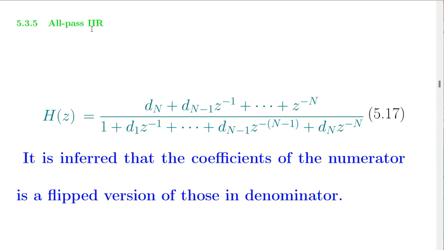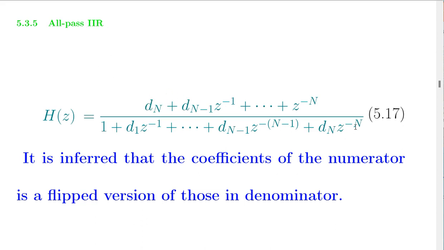What about all pass IIR filter? A very important topic. Just look at the denominator: 1, d1, d2 up to dn. If you flip their locations and put it here, it will be all pass IIR.